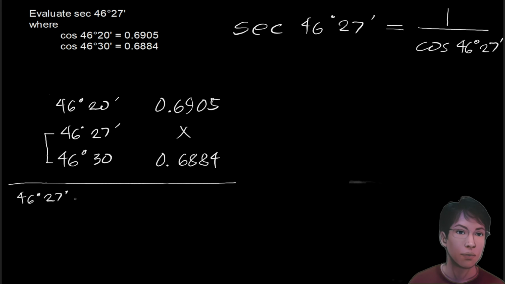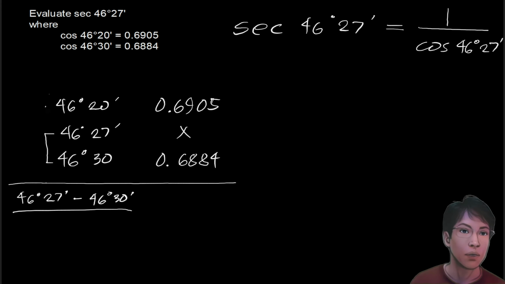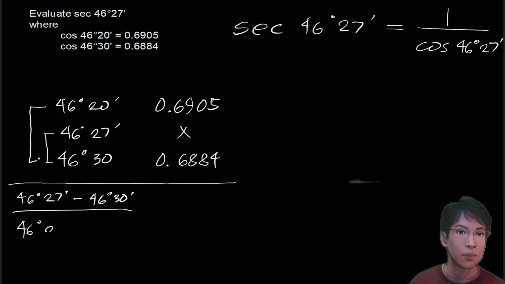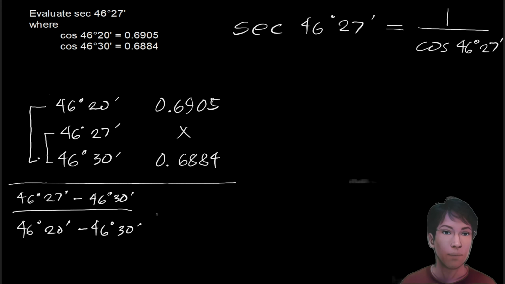So that will be 46 degrees 27 minutes minus 46 degrees 30 minutes over 46 degrees 20 minutes minus 46 degrees 30 minutes. I forgot to put this one over here.